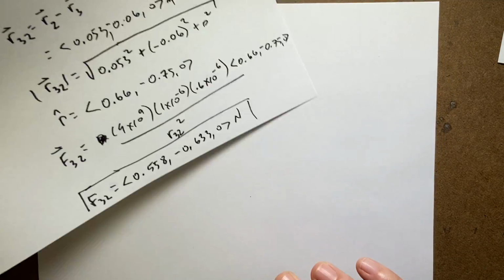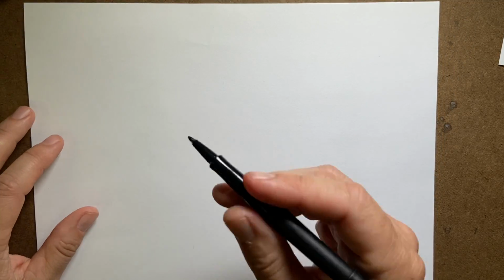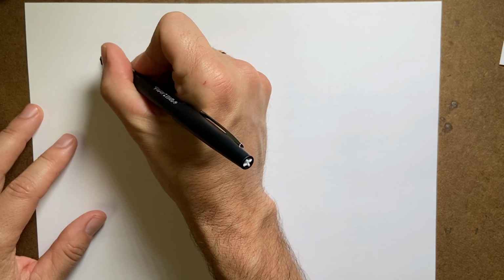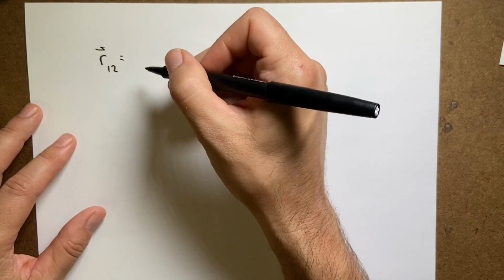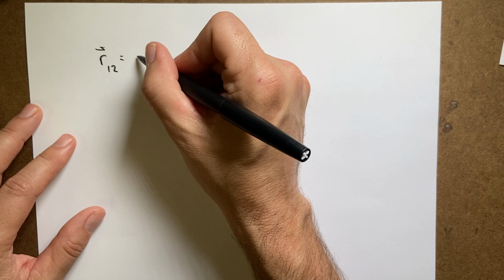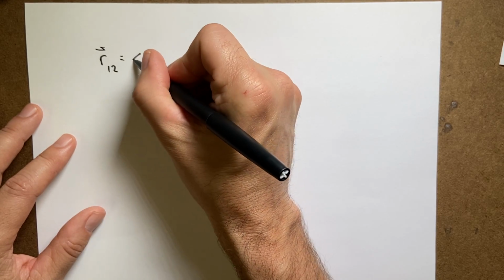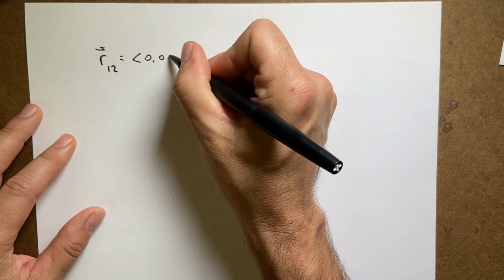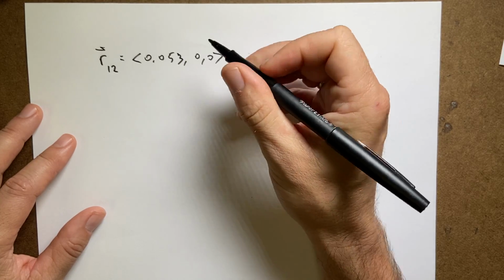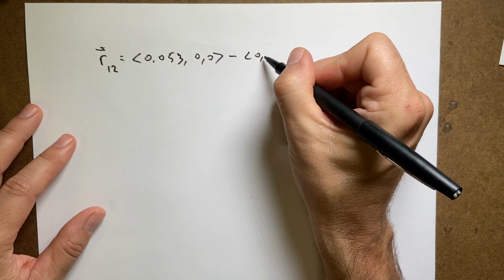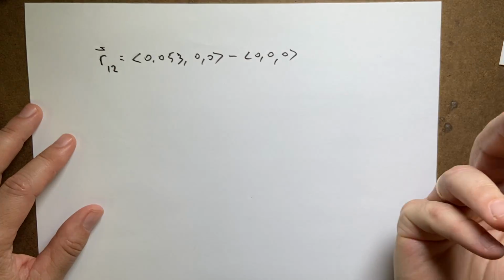We're still going to do it the same way though. So the first thing I'm going to do is to find R12. That's going to be R2, which is 0.053, 0, 0, minus R1, which is at the origin, so it's 0, 0, 0. So there you go. It's just this.